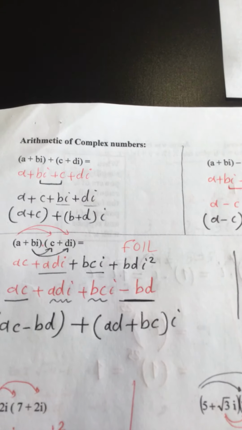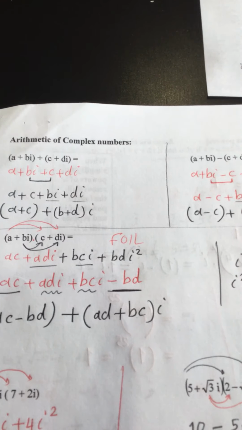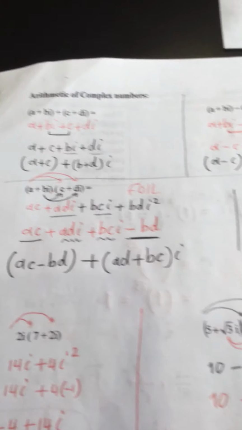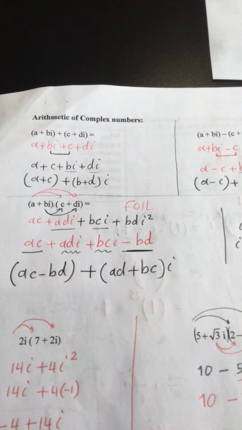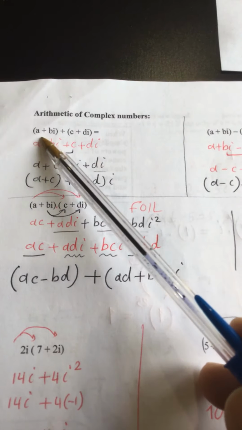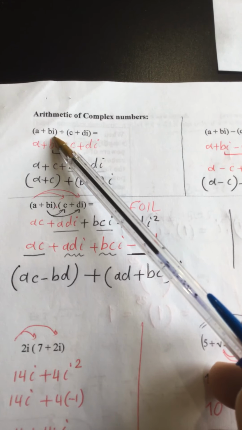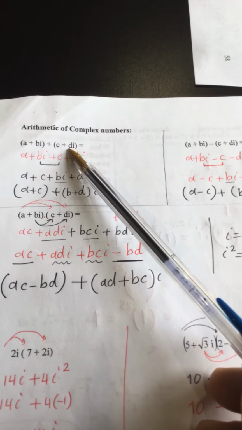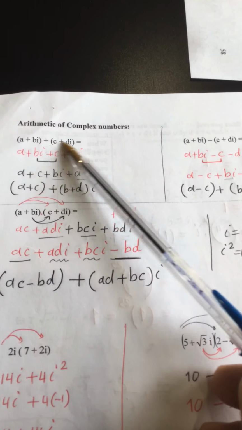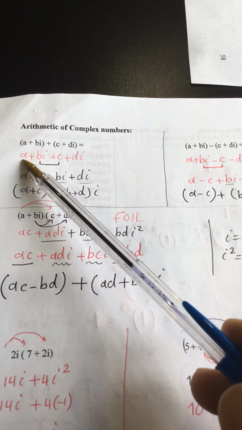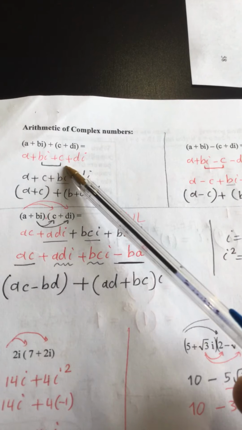Arithmetic of complex numbers. We can add, subtract, multiply, or divide two complex numbers. The result is also a complex number. To add two complex numbers, for example, a plus bi is a complex number and c plus di is another complex number. To add these two, first remove the parentheses. So we get a plus bi plus c plus di.